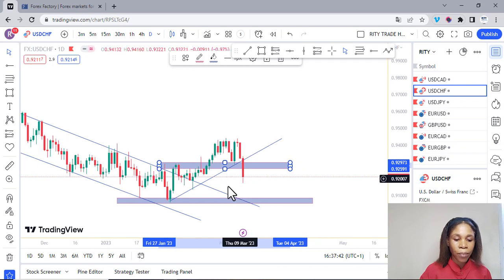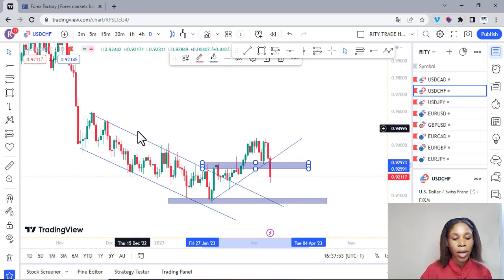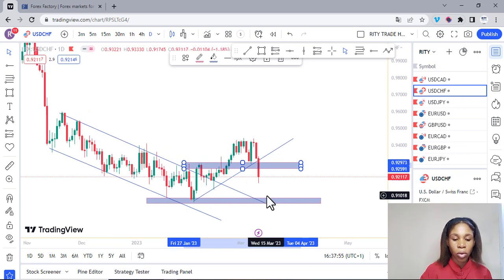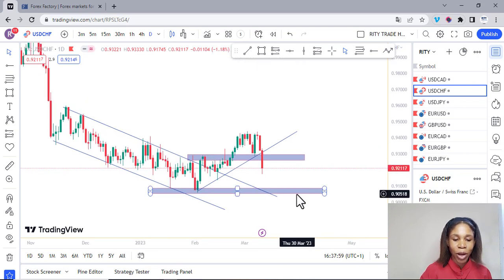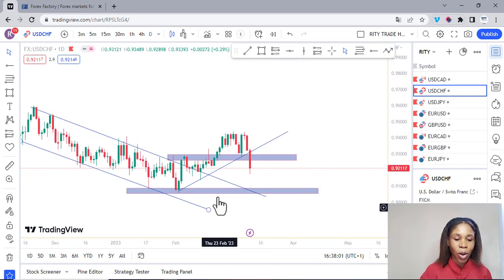All right, so I'm expecting this price to fall back to this level here, where we have a key structure and a retest of this trend where it was coming from. The forex market likes the break and retest of trend and structures. So at this point, I am going to keep an eye on this key level to see how price reacts here.